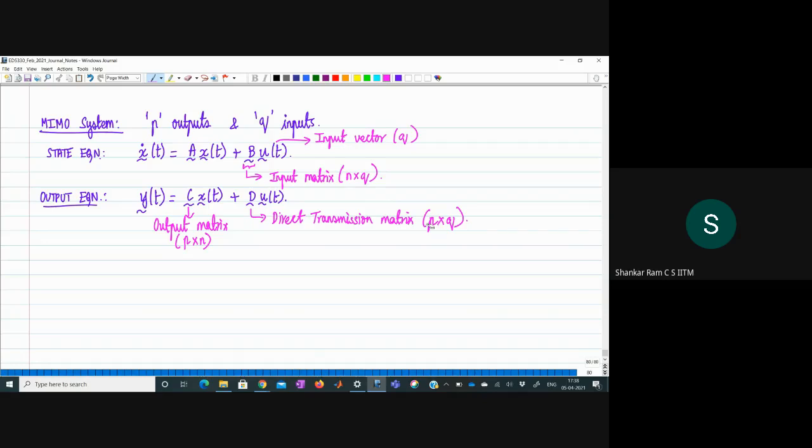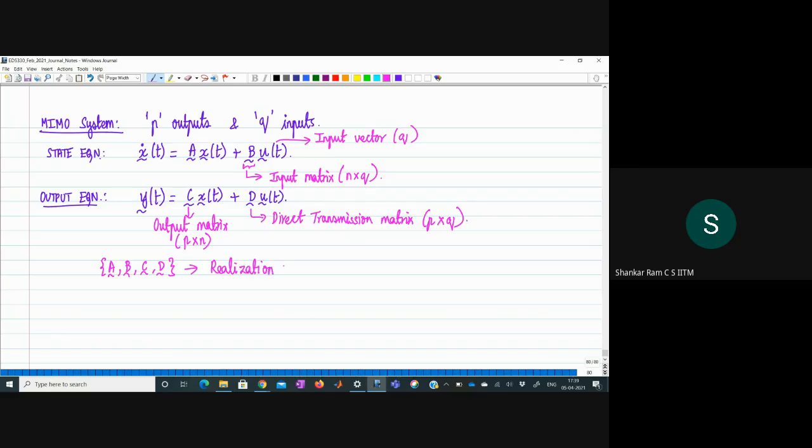So that's the direct transmission matrix. So in this case, A, B, C, D, which are all matrices, is what is called the realization of this.